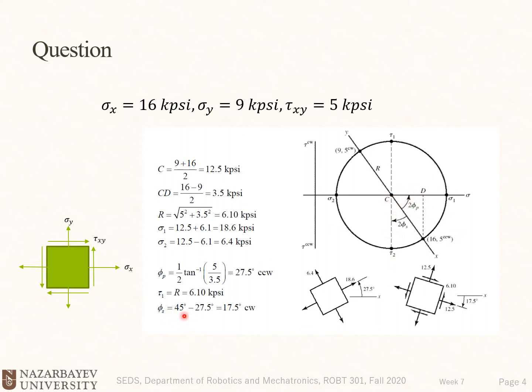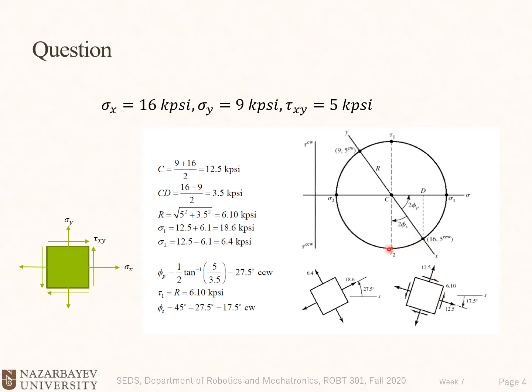So phi s is equal to 45 minus phi p, and will be equal to 17.5. Here again we need to be careful which side we are rotating. If we are rotating the x side, then the direction of rotation will be clockwise. See, this is a clockwise rotation.